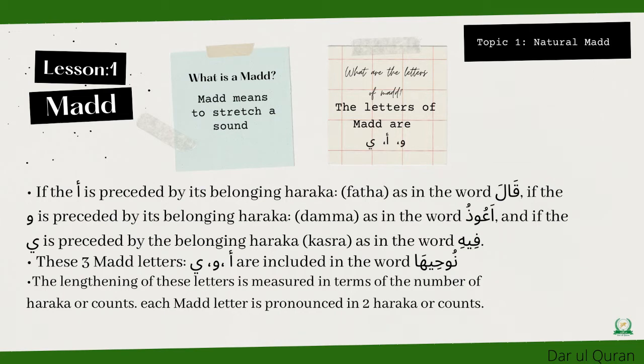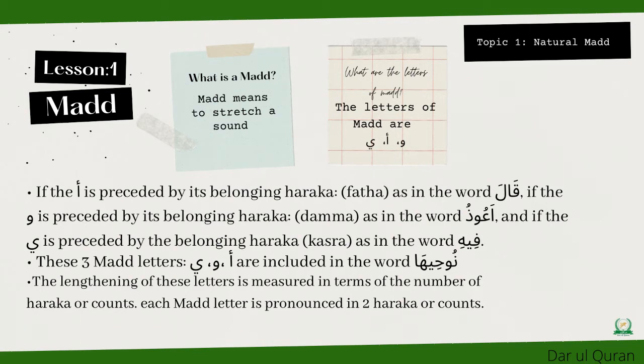And just before the waw, we have the vowel sign of dhamma. So this is a natural mad. So we are supposed to give it a 2 count stretch, such as a'udhu, a'udhu. So the a'u which we are stretching, that is the natural mad.